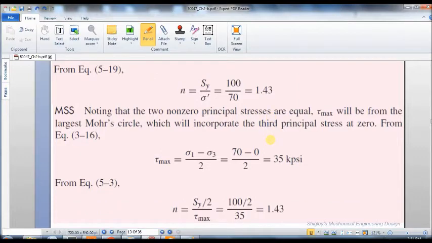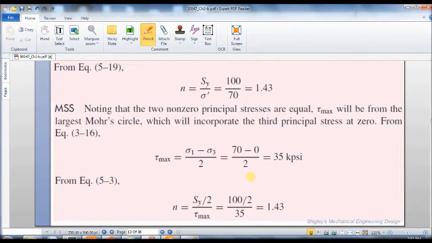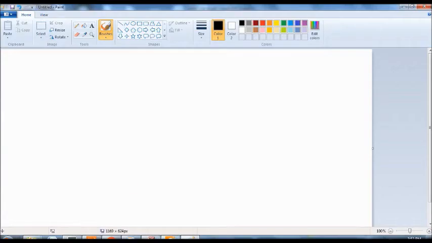Now I want to use the maximum shear stress theory to find the safety factor. First of all, let me explain something.